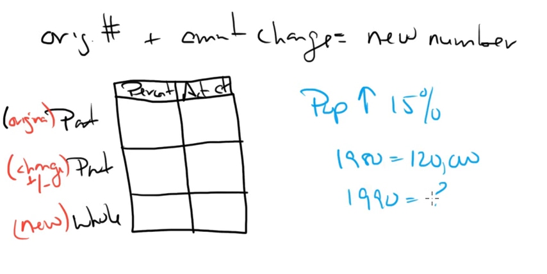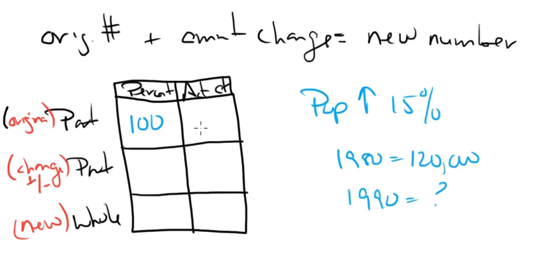All right, so we start off not using the part and the whole. We start with the original, the change plus or minus, and the new. As far as the actual count goes, what did we start with? What was our original number? Well, you can say we start with 100%. That would be okay.